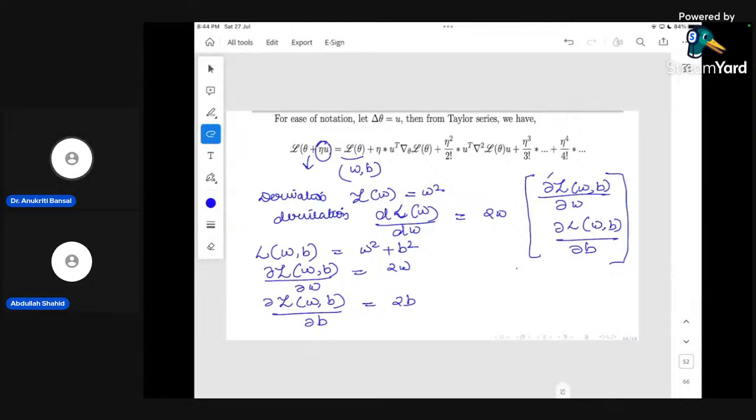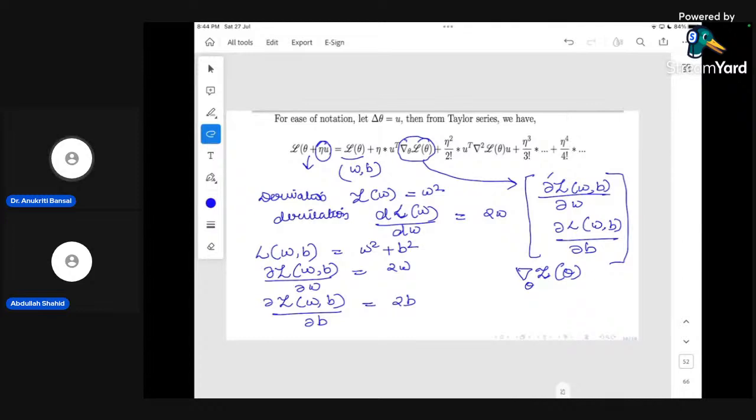This gives me the gradient with respect to theta.